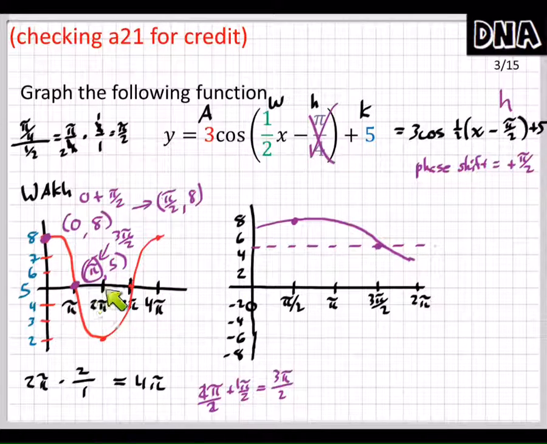Let's see, let's look at 2 pi right here. 2 pi is supposed to go down to this one, but wait a second. This one has to be shifted over, right? See, this would not be 2 pi, what's the y value there? 2. It's not going to be that because we have to add pi over 2 to that. And that will take this next point off our graph. So this is all we get to see. That's it.